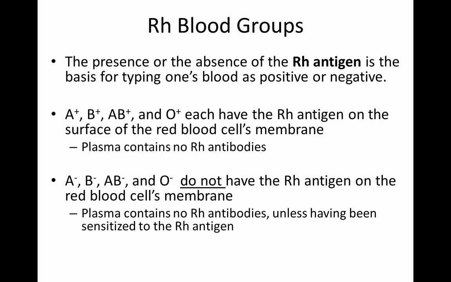The plasma will also contain no Rh antibodies. This is the difference. It is only if the person has been sensitized or has been in contact with the Rh antigen will an Rh negative person have anti-Rh antibodies in the plasma.